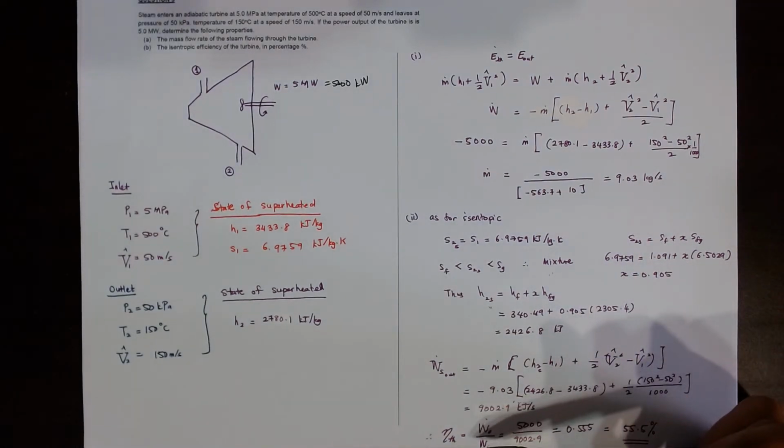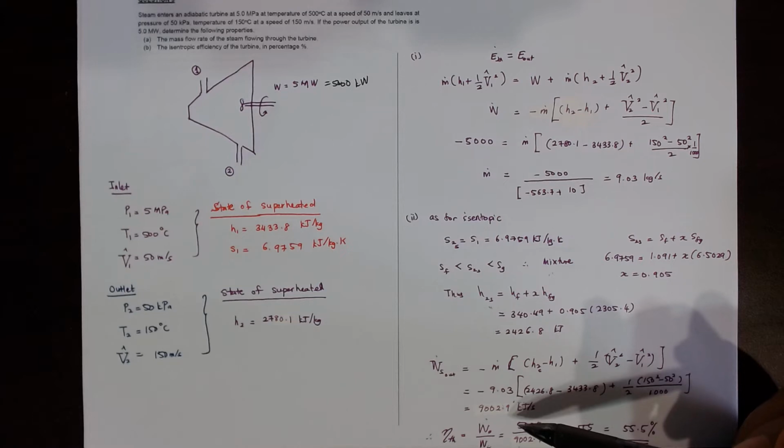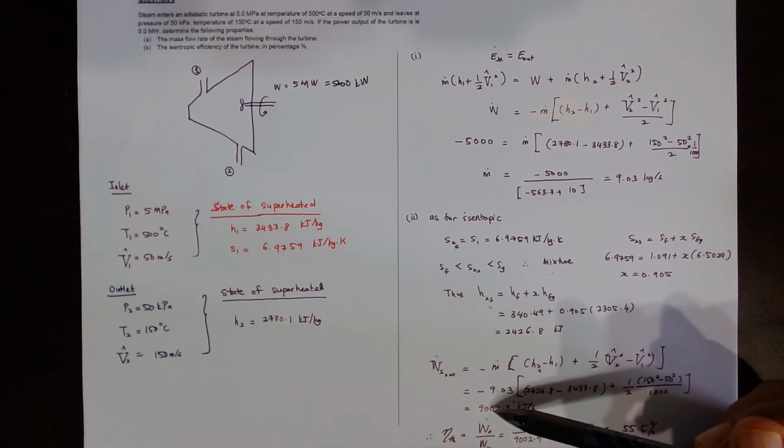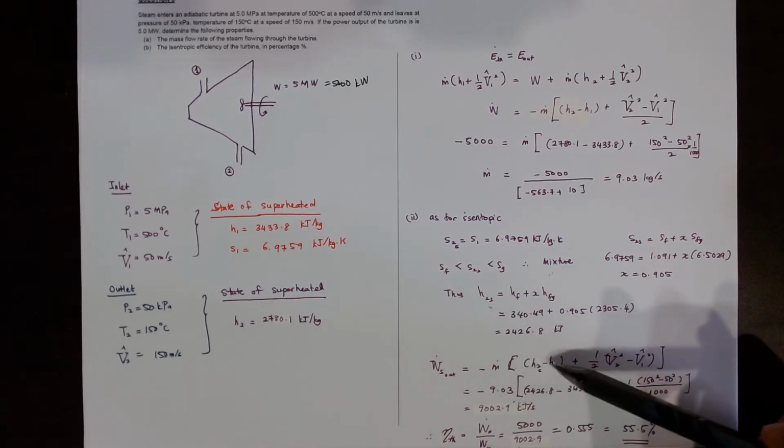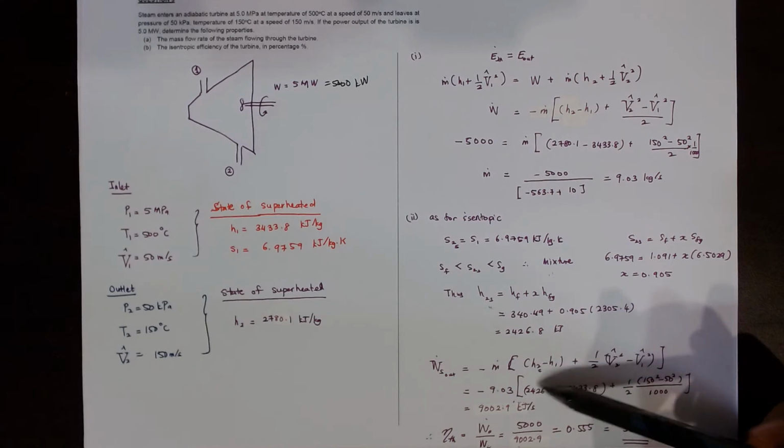Now remember the question: because of isentropic, in order to calculate this efficiency, we need to find the value before and after. So 5000 over the value that we calculate using the isentropic effect. Put the value here. h1 will remain the same, so just change the value to h2s.